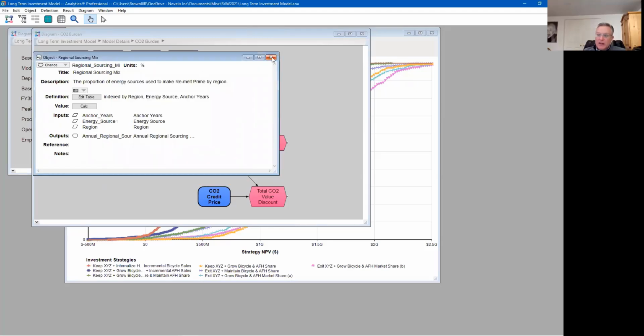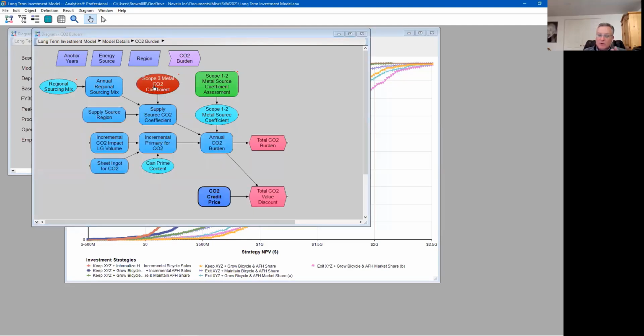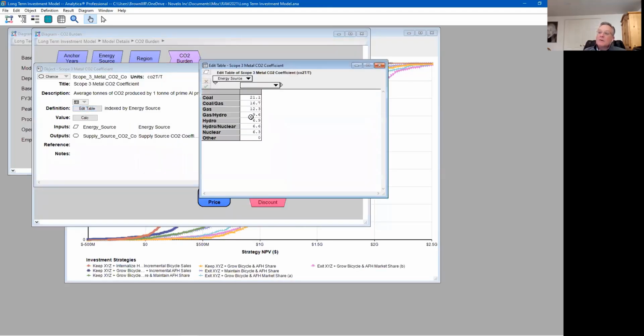So with that, and also knowing how much each one of those sources contributes, let me get this table. We have a standard set of burden factors associated with each one of those energy sources. Coal is the worst. Right now, we estimate that at around 21.1 tons of CO2 per ton of aluminum generated as finished goods.